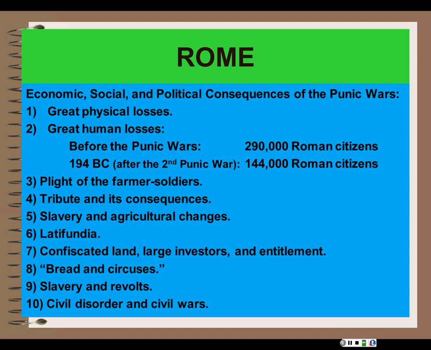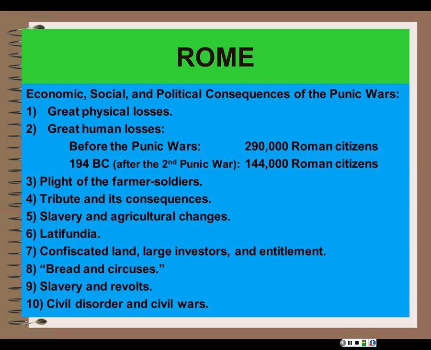Number 6. What all of this meant is that with all of this capital coming in and these slaves and these new crops like olives and grapes, some of the cultivation of the Italian peninsula changed into larger growers, almost plantations, what were called literally latifundia.